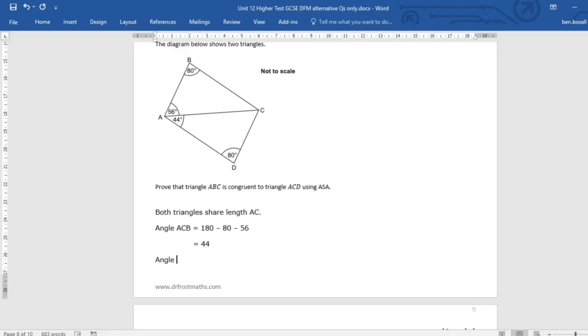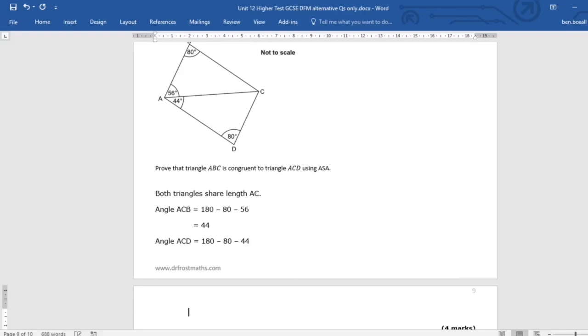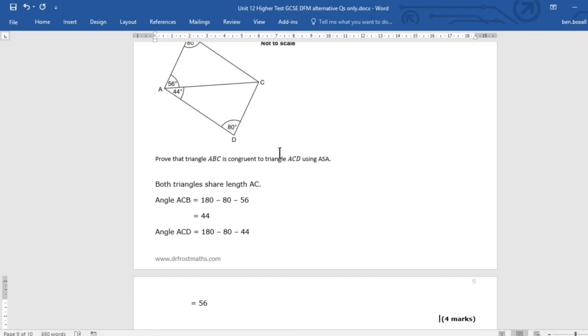Okay, and just to be absolutely clear, even though you might think it's obvious, I'm going to write down the calculation for the missing angle in the bottom triangle. I'm not going to type it into my calculator because I know it's 56. So the conclusion here is, angle BAC equals angle.